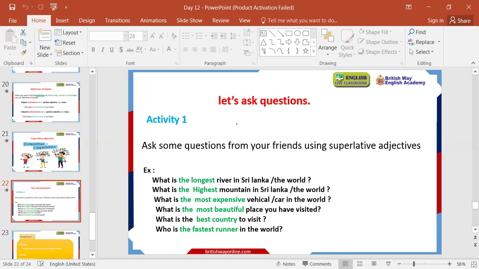Nuwara Eliya is the coldest place in Sri Lanka. English is the most popular language in the world.